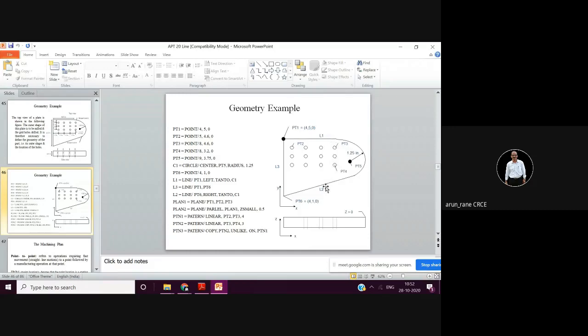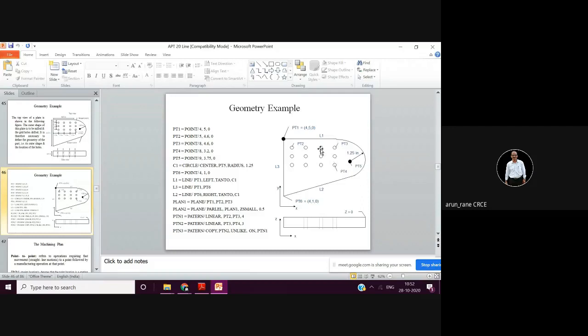Now what is your pattern 3? Pattern 3 is a copy pattern: copy pattern 2 on pattern 1. You already have pattern 1, that is this, and you already have pattern 2. So what you are saying is, copy pattern 2, that is this, on pattern 1.